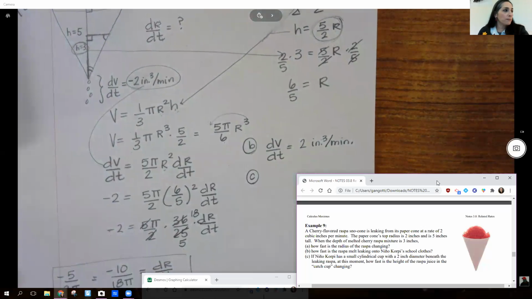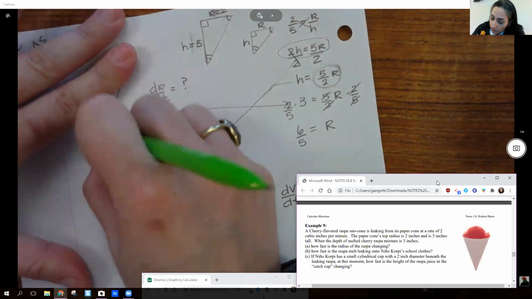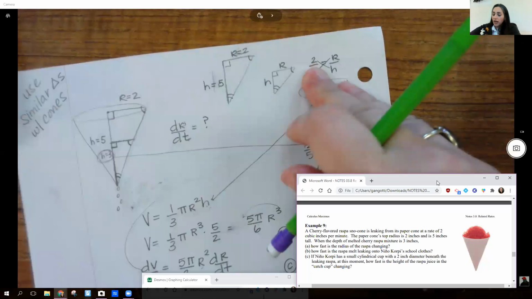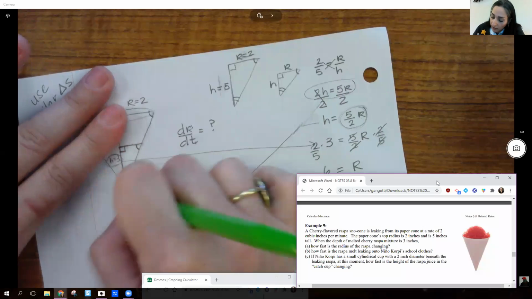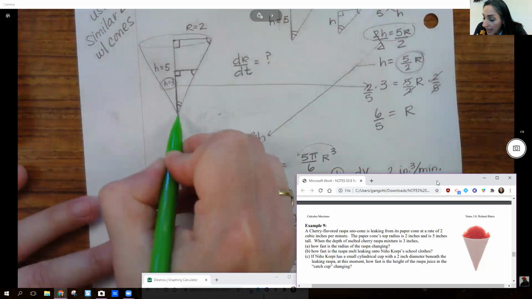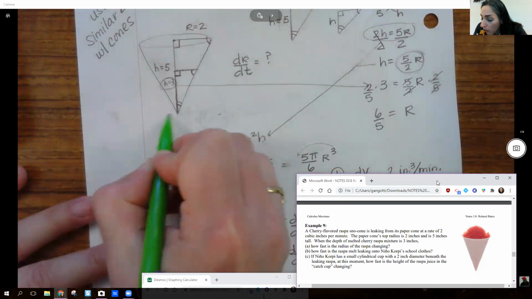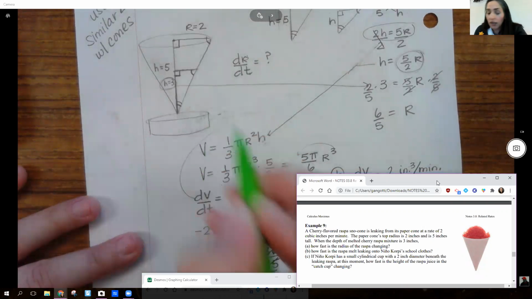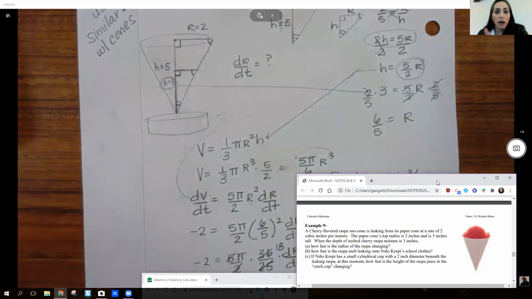Okay, so try to salvage my picture a little bit here. So we have the cone with the stuff leaking out the bottom. So then he has now a cylindrical cup underneath the cone that's catching everything that drips out. It's got a 2-inch diameter.